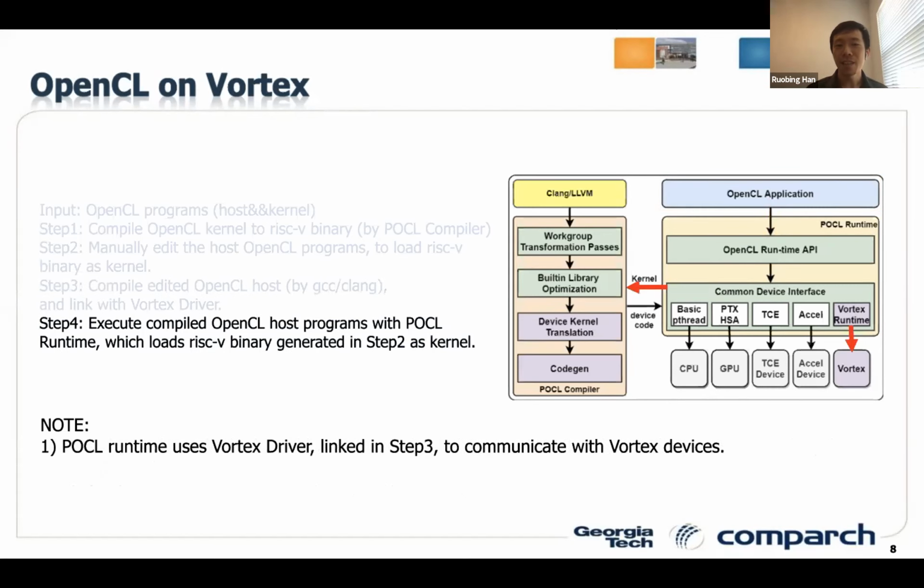Finally, we just execute the OpenCL host program compiled with the POCL framework. For the host program, the POCL framework will execute some interfaces and link them as we linked them in the Vortex driver. The POCL framework will use those drivers to connect with Vortex and do some fine-grained control for the Vortex device.